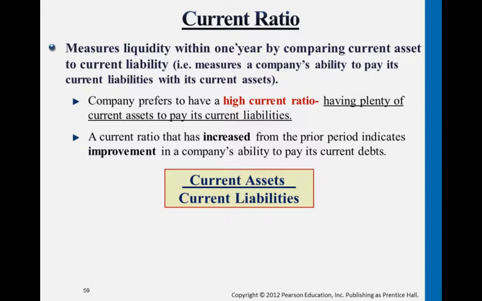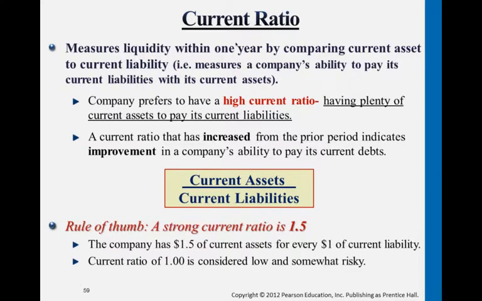This includes cash, accounts receivable, supplies, all the short-term assets, divided by current liabilities: all the short-term notes payable, accounts payable, anything that is a liability due within a year. So this represents, per dollar of current liability, how much current asset a business has to cover and pay off this liability that will be due within a year of time.